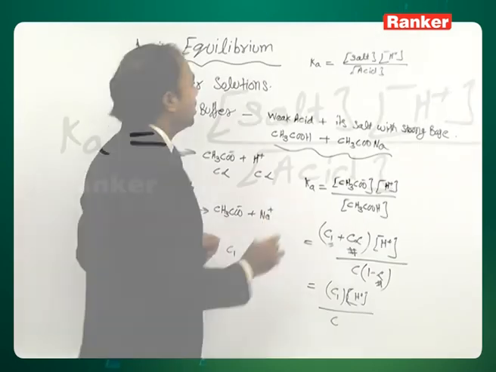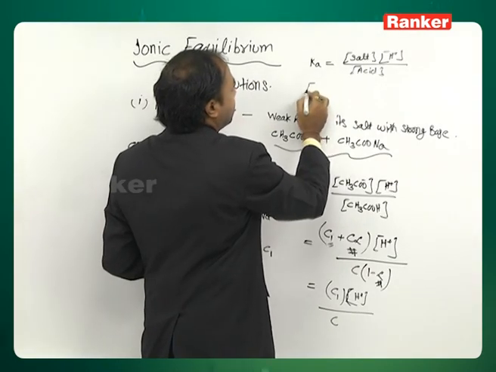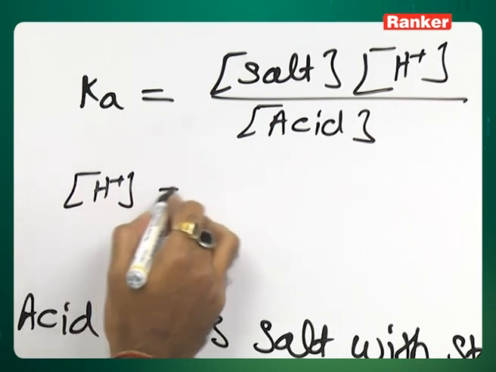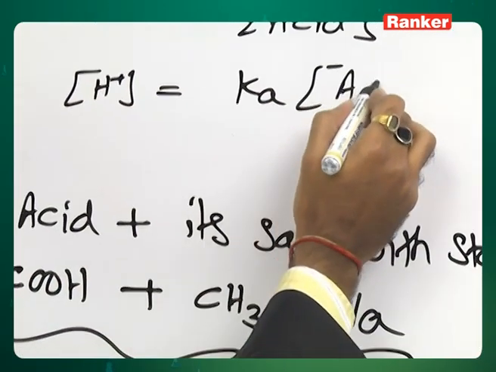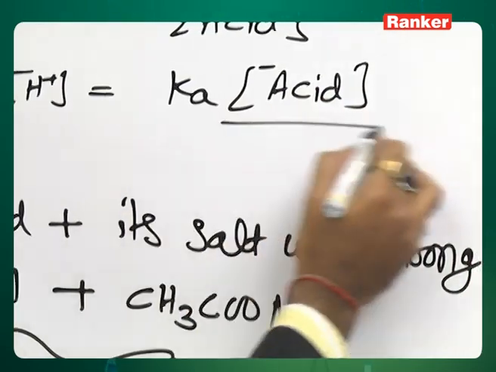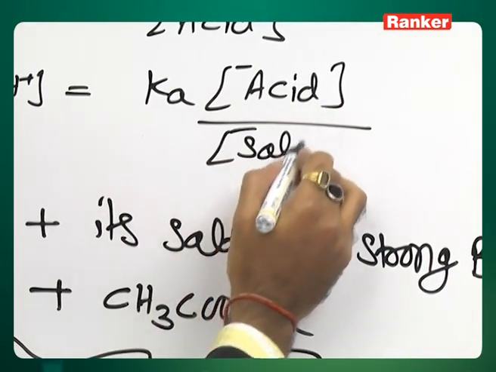Right. Now we get H plus ion concentration equal to Ka into concentration of acid by concentration of salt.